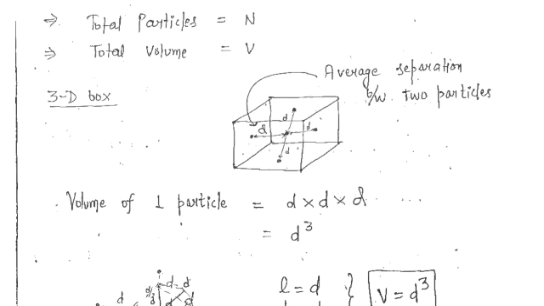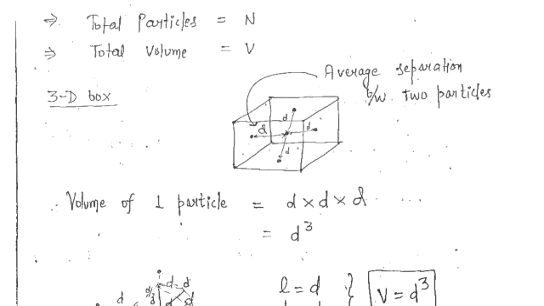So you will get the volume of each and every particle. For one particle, if the distance between the particles is d, then 1d for length, 1d for breadth and 1d for height, and you get the volume of one particle as d cube.